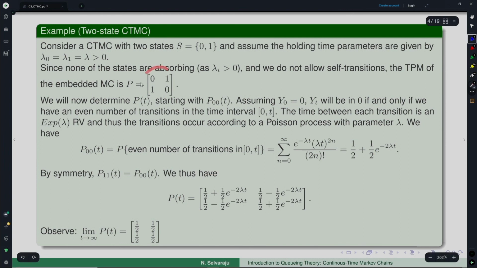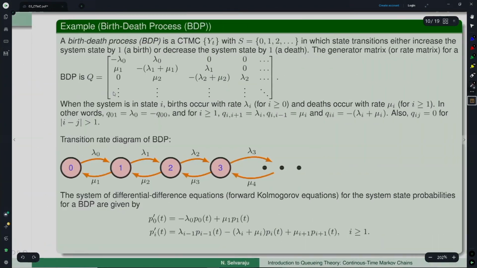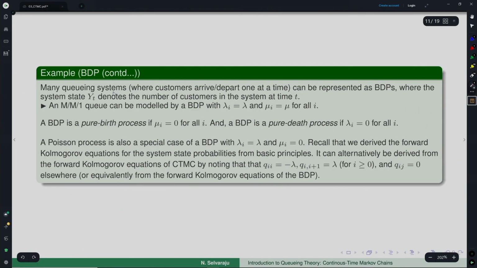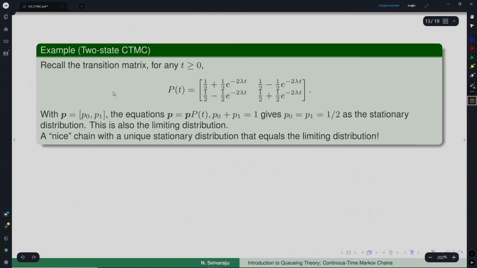In the DTMC case, what was the stationary distribution and the limiting distribution? If you recall, for this P we said there is no limiting distribution in the way we have defined it, because it never becomes independent of the initial state, but it has a stationary distribution which was half-half.